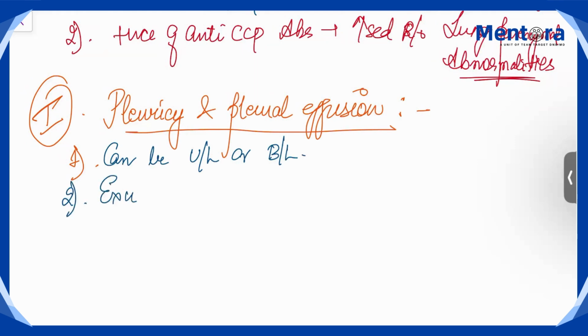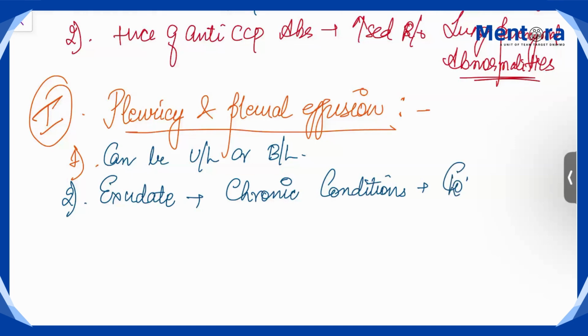This pleural effusion will be exudative. In chronic conditions, if it is a long-standing rheumatoid arthritis with pleural effusion, there will be an increase in cholesterol concentration.